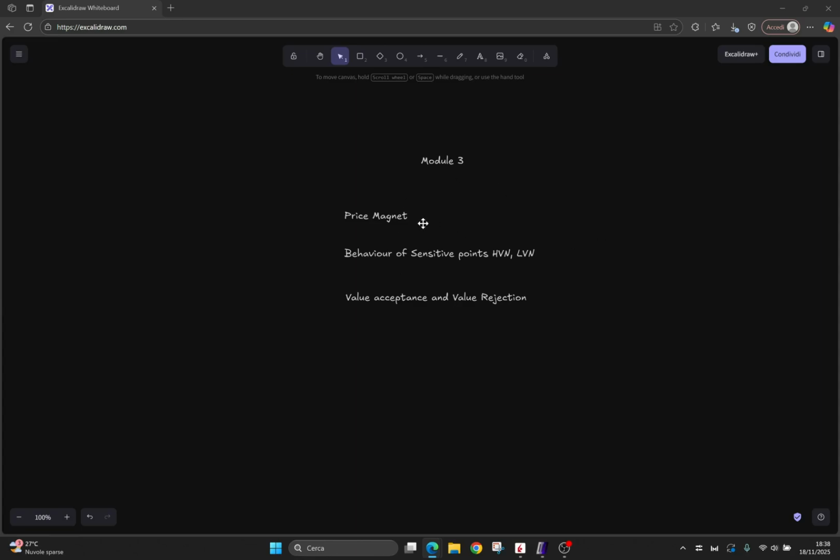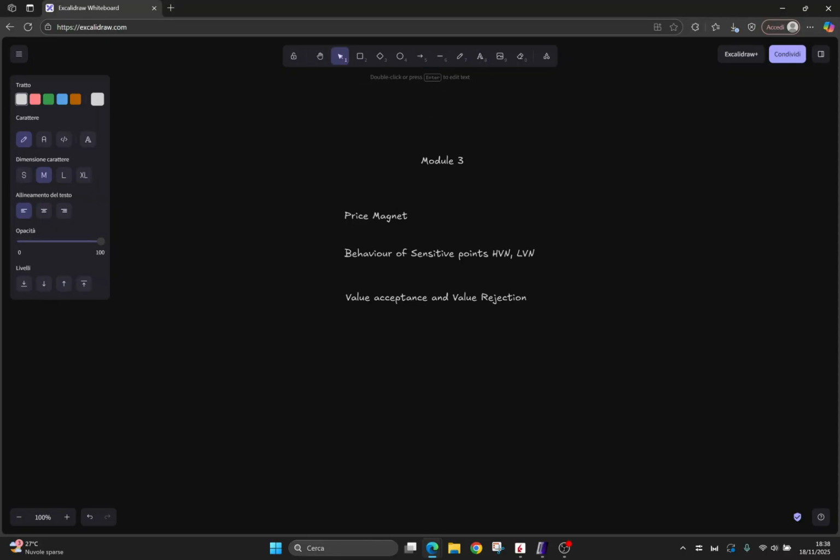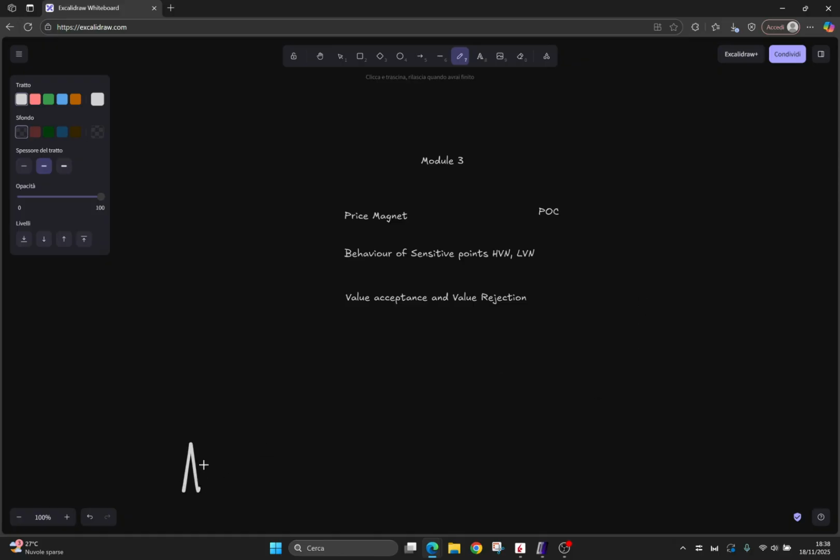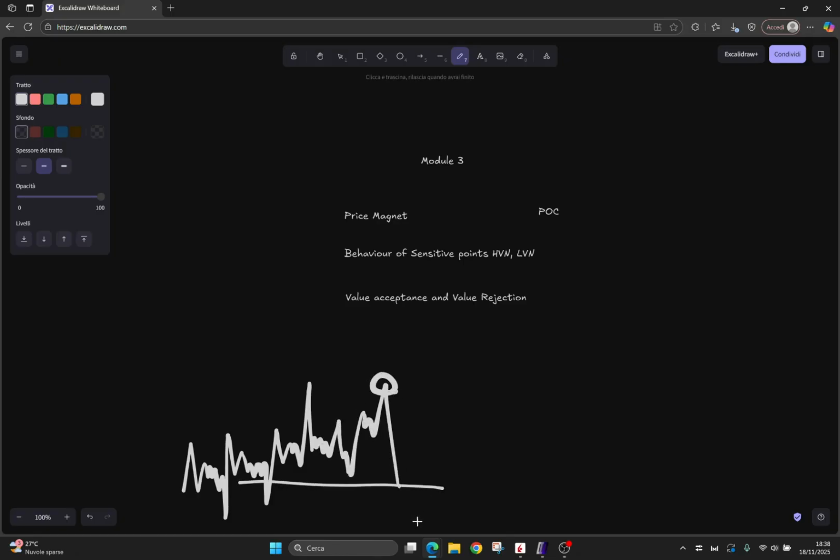Now, for this one, what is the concept of price magnet? The concept of price magnet is the POC. This is where the auction is stable. So if you have a day that is rotational, the best reverting setup that you can take, okay, are those back to POC.